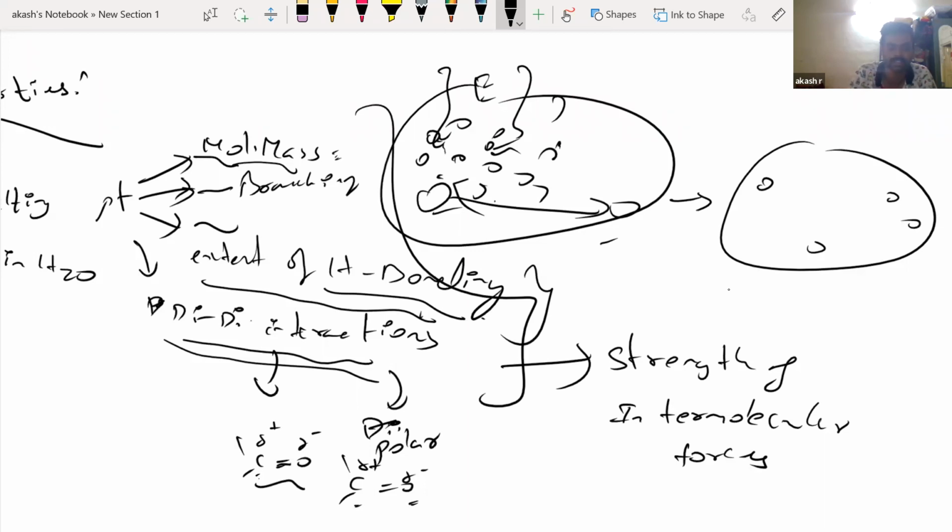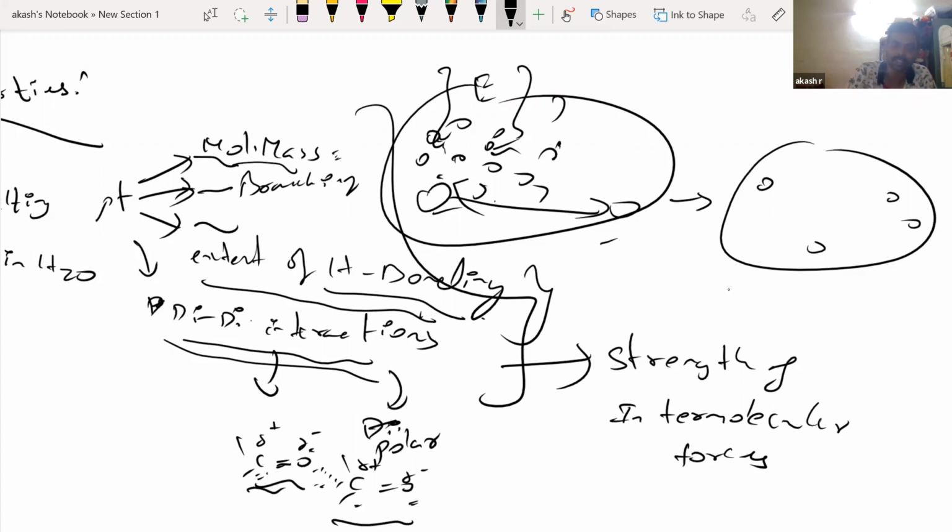Carbon in this case is less electronegative, so del plus. So now you're going to have an attractive force between this molecule and this molecule. We have a del minus here and a del plus there, and the attractive force is here. The dotted line which I'm representing here is your dipole-dipole interaction. That we saw in your aldehydes and ketones.